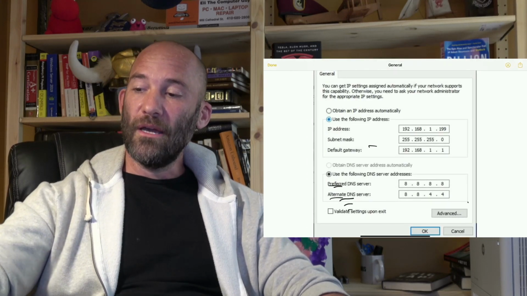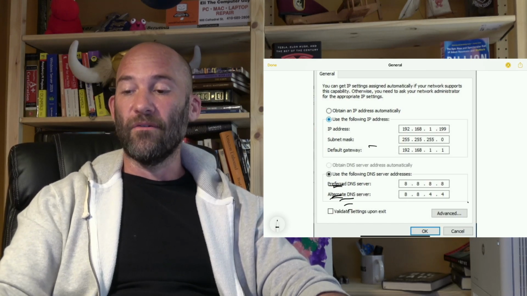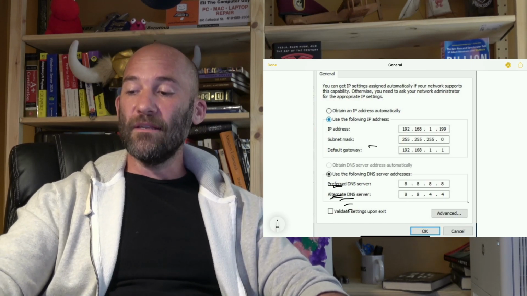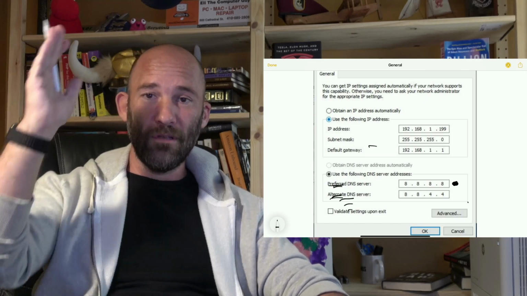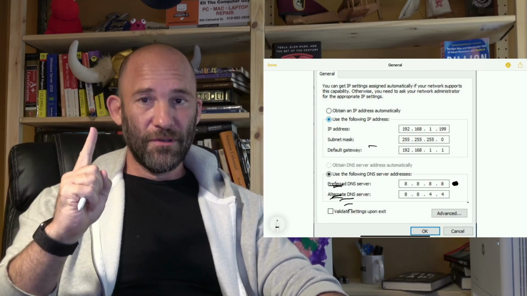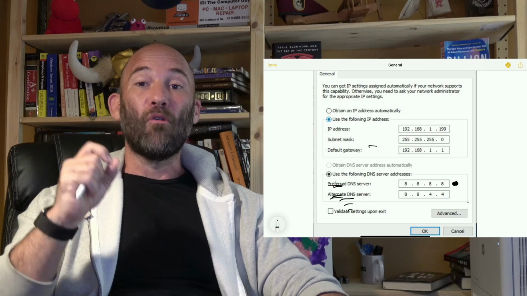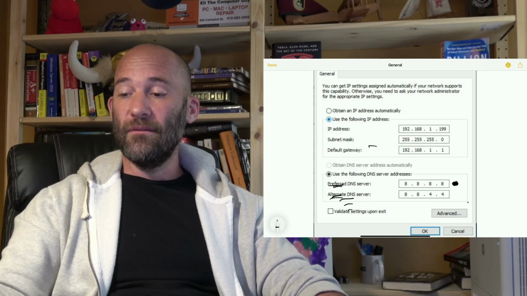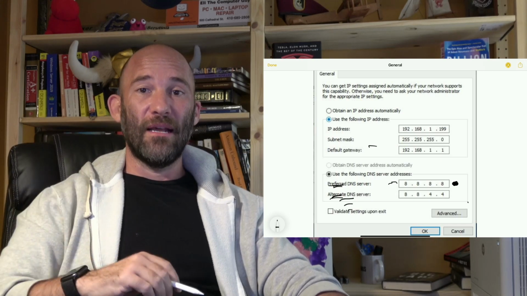So when we're looking at the IP address configuration here, we get this preferred DNS server and this alternate DNS server. Basically what this says is go to this DNS server first. Go to the primary first. If the fully qualified domain name resolves to an IP address in the first place you go, then take that and use that IP address.